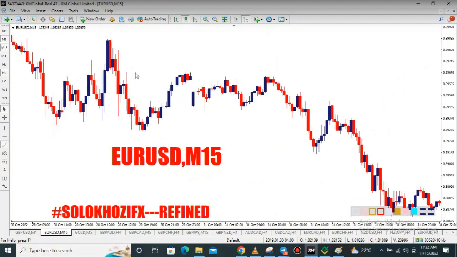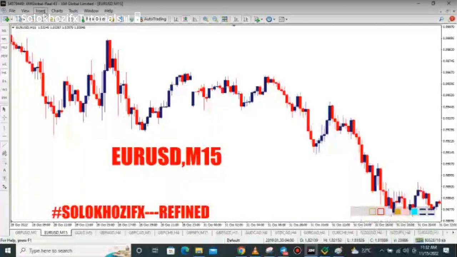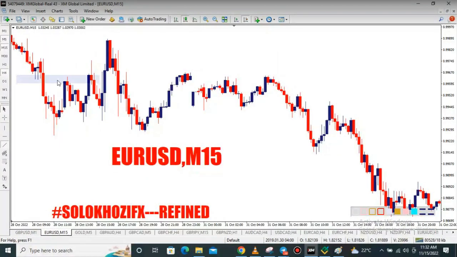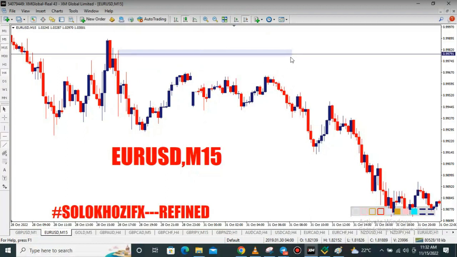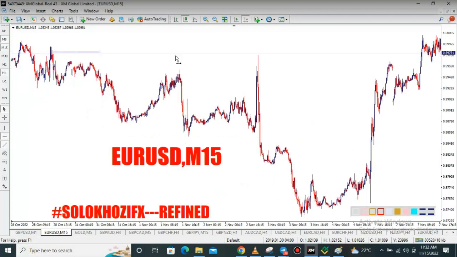Once you spot something like this here, I'm not saying it doesn't fail, but you hardly lose on this one. And usually it gives low risk trades.